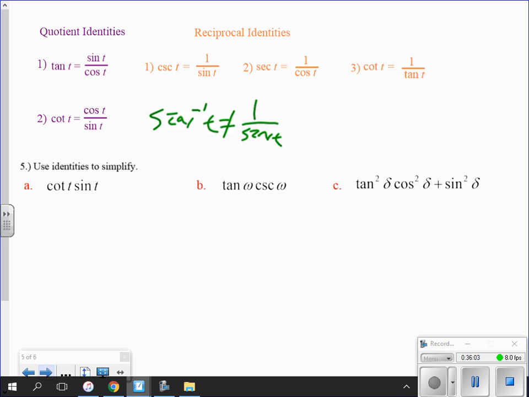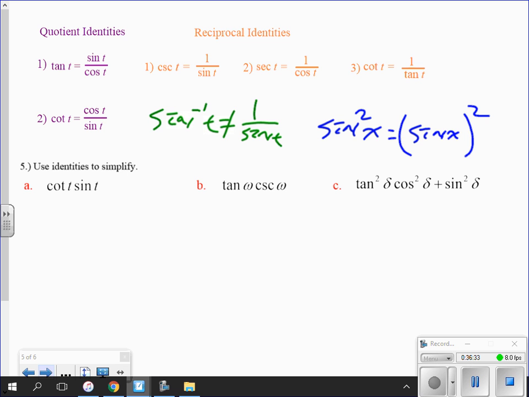Now, something else that you need to remember to do some of the things we're going to be doing here. Sine squared x is the sine of x squared. We do this out of convention. We do not write the sine of x squared because you have to be careful.